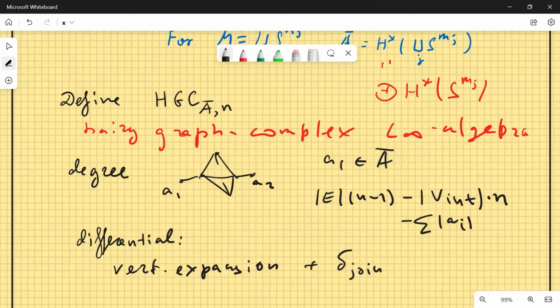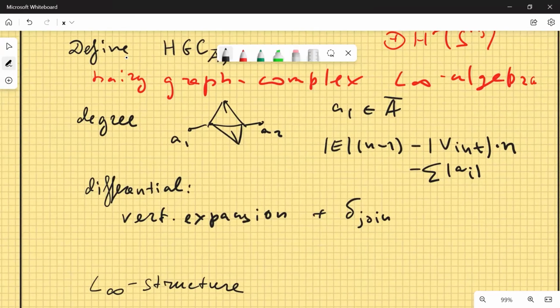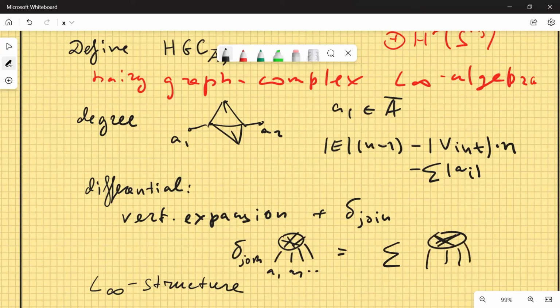So what this delta join does: given a graph with a bunch of hairs and different labels a_1, a_2, etc., the delta join takes the sum of all possible ways to join at least two hairs.